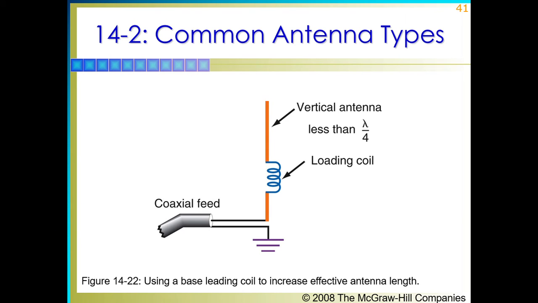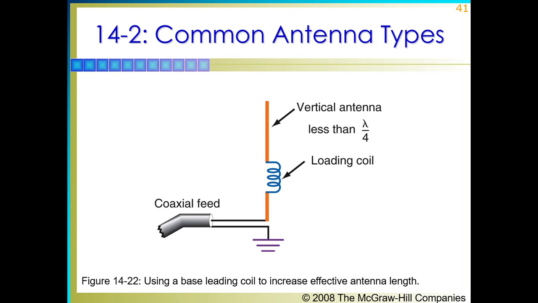For many applications, for example with portable or mobile equipment, it is not possible to make the antenna a full one-quarter wavelength long. To overcome this problem, much shorter antennas are used and lumped electrical components are added to compensate for the shortening. When a vertical antenna is made less than one-quarter wavelength, the practical effect is a decreased inductance.